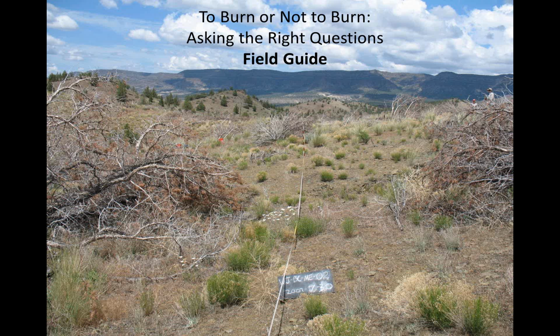And of course, one of the key issues when we're treating, particularly, say, juniper, is whether you are sure this is a site that was a sagebrush community and not a juniper site in the past, or an old growth site.